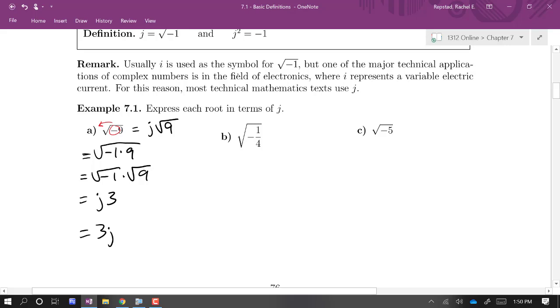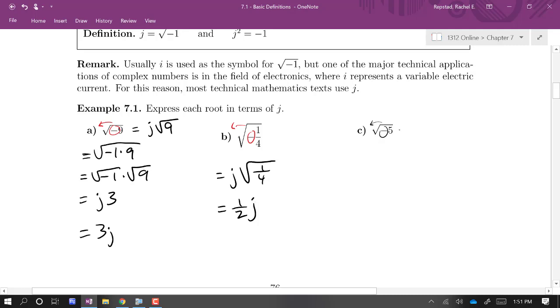So here in part B, I've got the square root of negative 1/4. So here's the negative. I'm going to pull out that negative as a factor of j times the square root of a quarter, and the square root of a quarter is a half, so we have j times a half, or 1/2 j. And then the square root of negative 5, so I've got a negative in there.